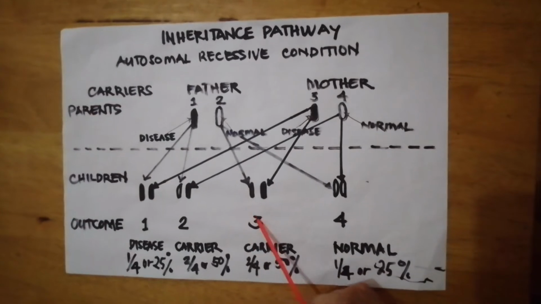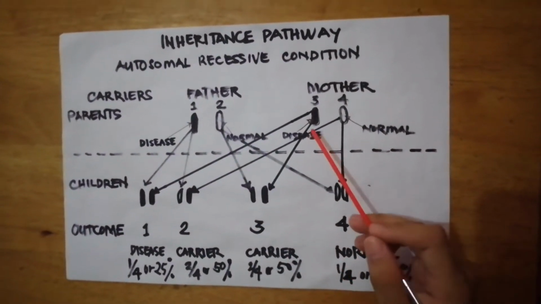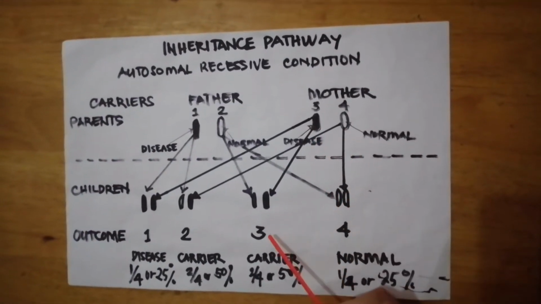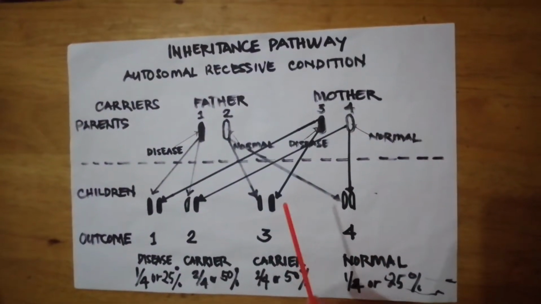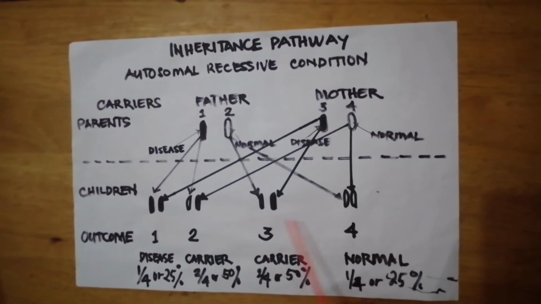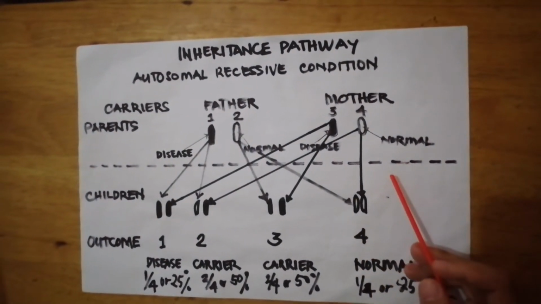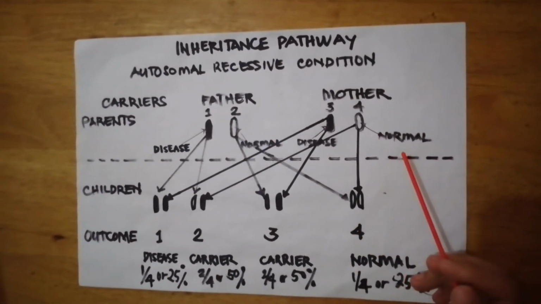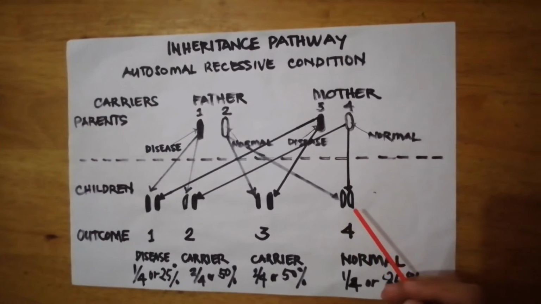Now, outcome 3 has one copy of the disease gene and one copy of the normal gene. Therefore, they are a carrier as well. Lastly, outcome 4 has two normal copies of the gene. Therefore, this person is free from the abnormal gene, does not have the disease, and is not a carrier.